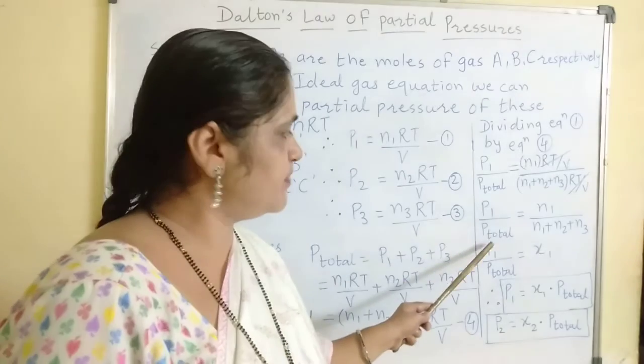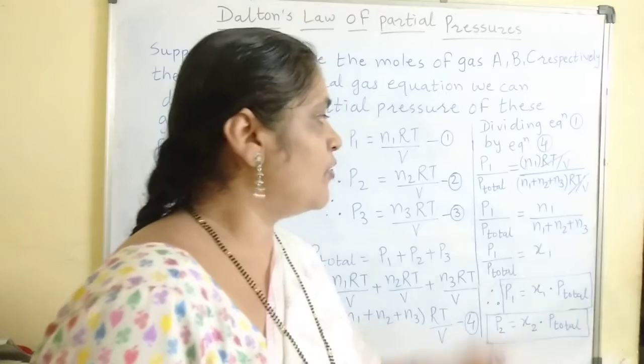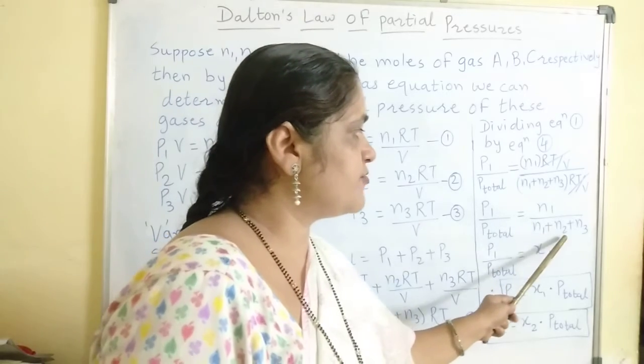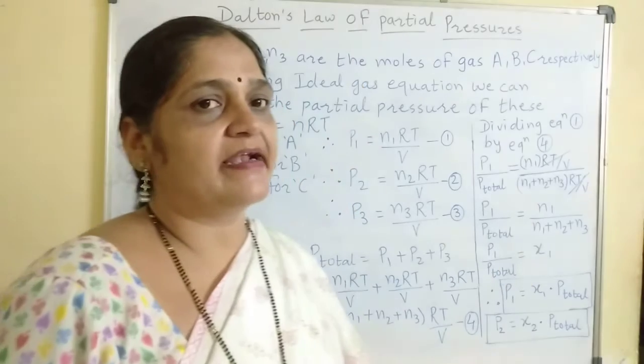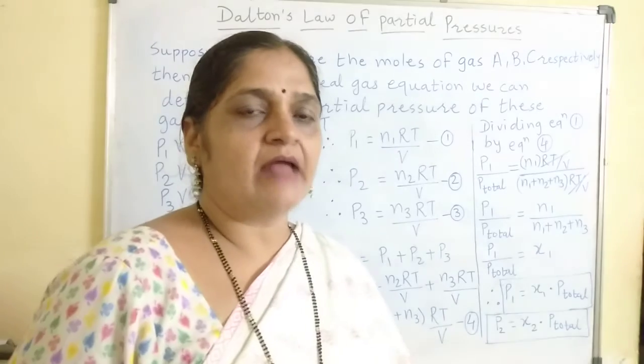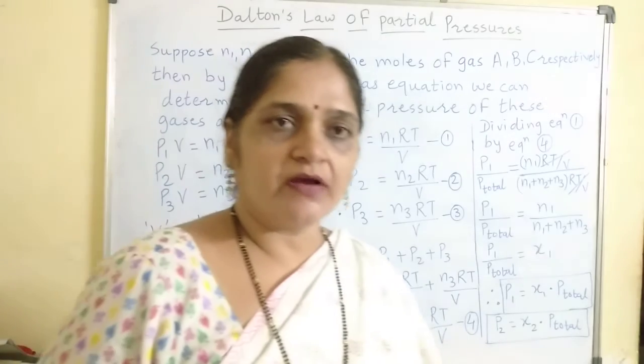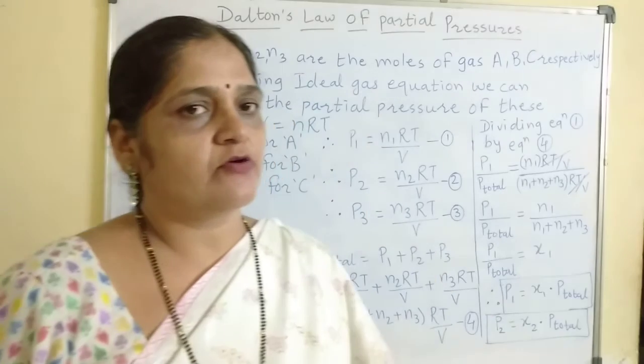So P1 upon P total is equal to N1 upon N1 plus N2 plus N3. This gives us the idea of mole fraction. We already discussed mole fraction: it is the ratio of the number of moles of an individual component upon the total number of moles of the solution.